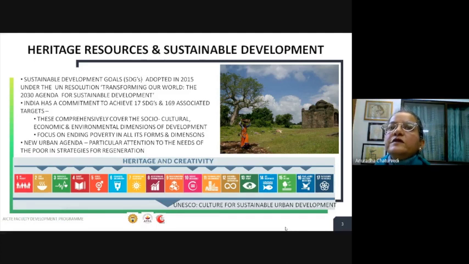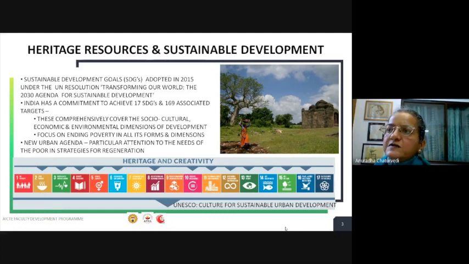India was one of the signatories to this resolution, and it has a commitment to achieve the 17 SDGs and 169 associated targets. These SDGs comprehensively cover the socio-cultural, economic, and environmental dimensions of development, and the focus is on ending poverty in all its forms and dimensions.